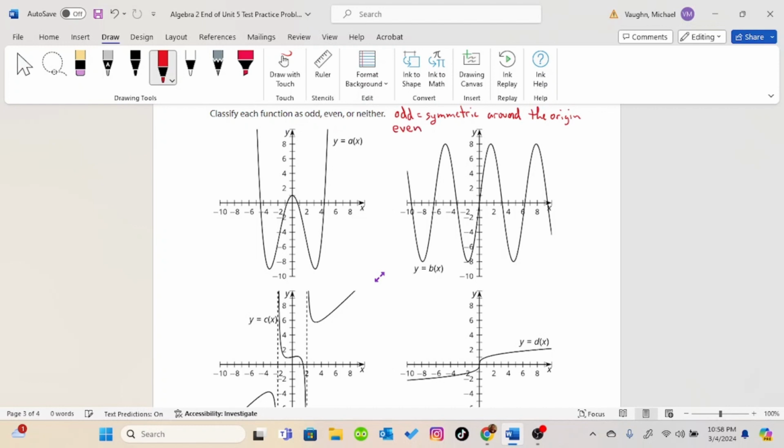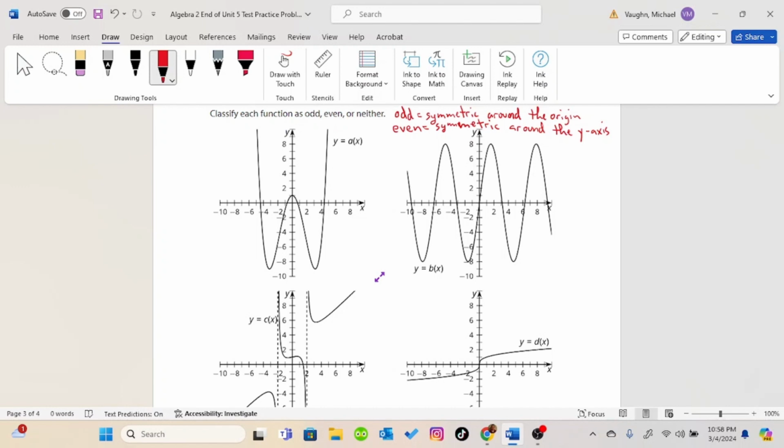Even is symmetric around the y-axis. And it's neither if neither of those are true.